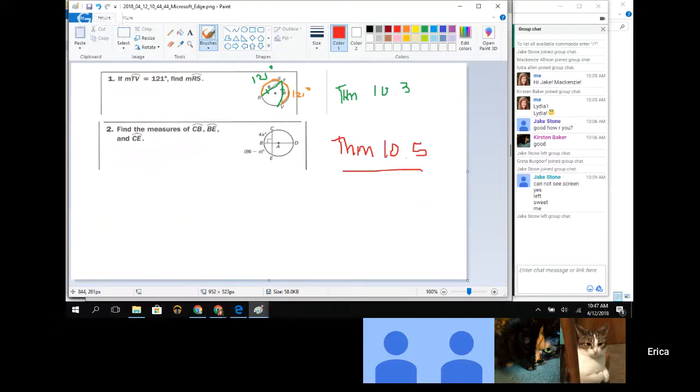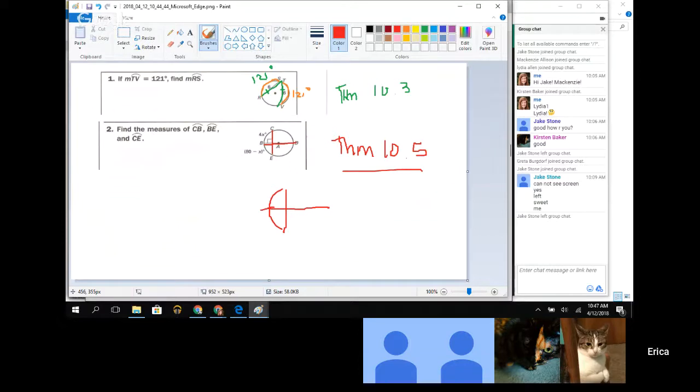Okay, which says that if a diameter of a circle is perpendicular to a chord, so I have a diameter of a circle perpendicular to a chord, then the diameter bisects the chord and its arc. So basically we know that CE, this arc here, if I take a cross section, it's been bisected.